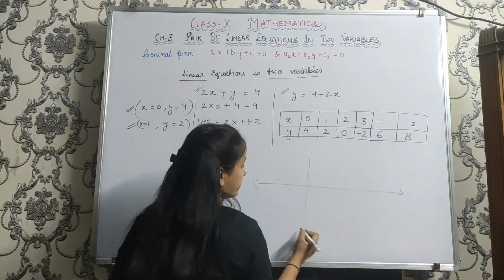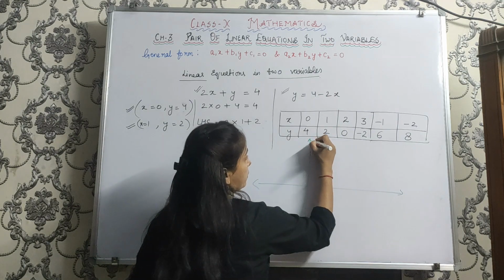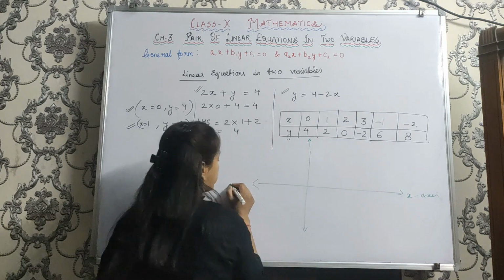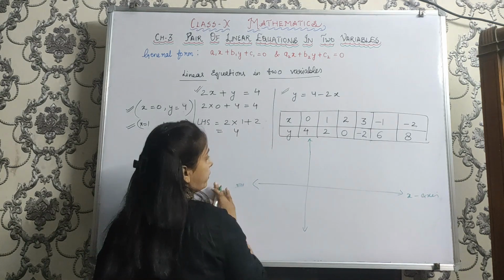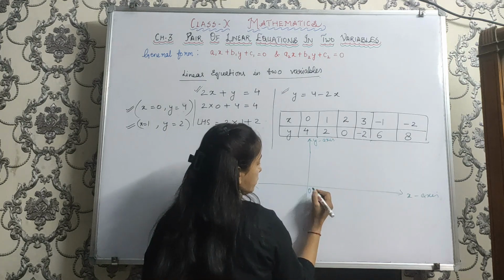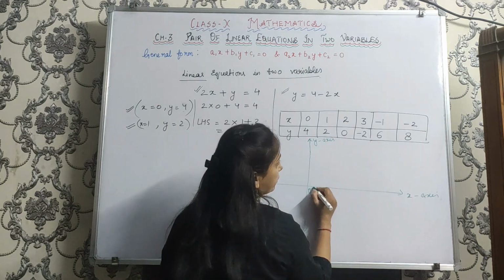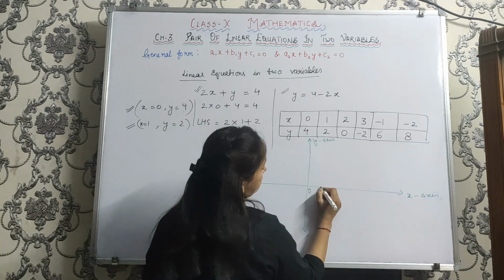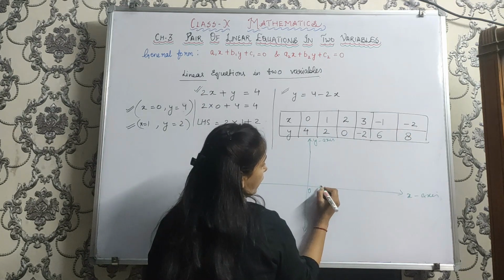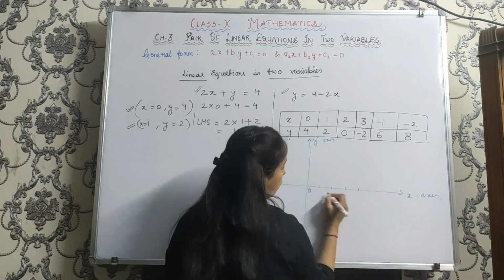If these are the two axes, say this is the x-axis and this is the y-axis. Sorry, this is the y-axis. This is the origin 0. Here we are taking the coordinates on the x-axis. We have taken 1, 2, 3, 4.